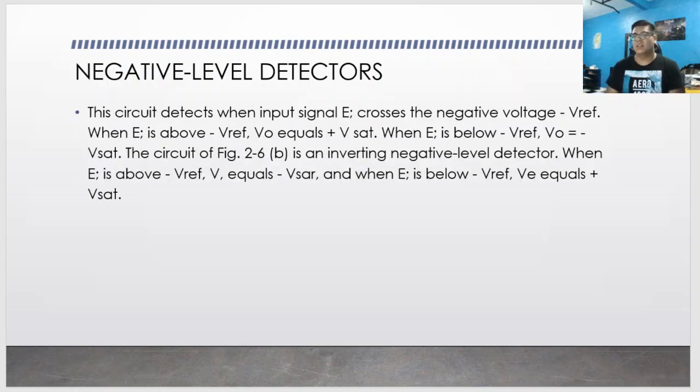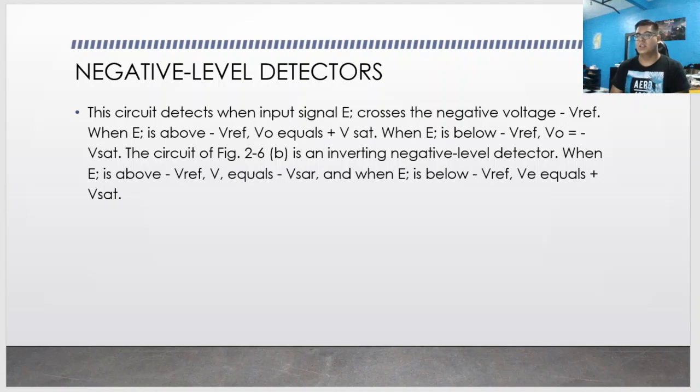Negative level detector. This circuit detects when the input signal E crosses the negative voltage. When E is above VREF, VO equals plus V SAT. V SAT is the output of the op amp. When E is below VREF, VO is equal to minus V SAT, the minus output.